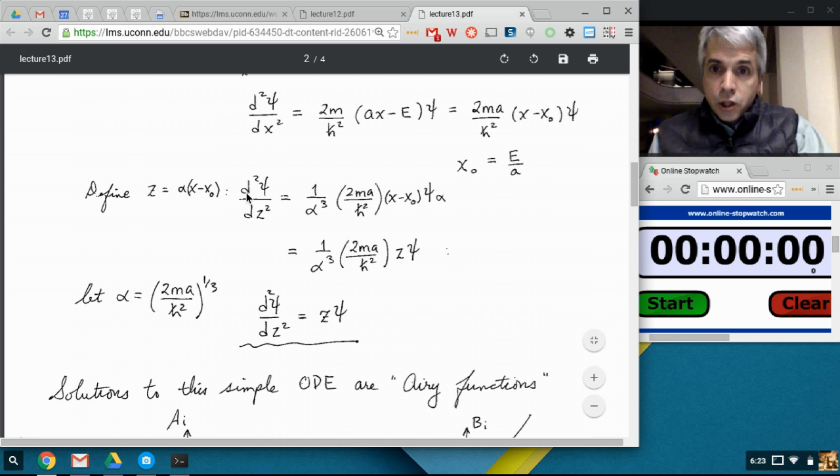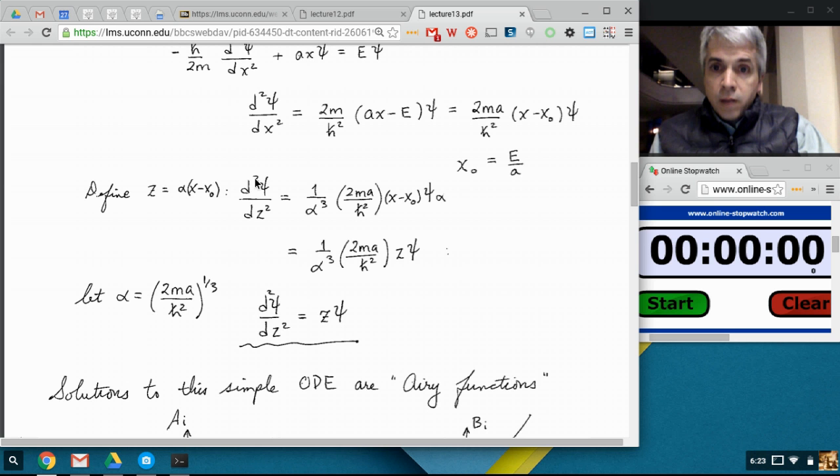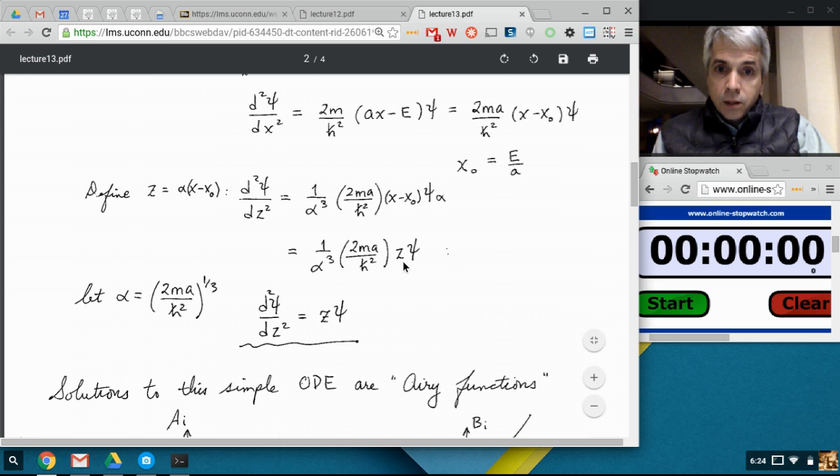That gives me 2 powers of alpha. I'll bring those 2 powers of alpha underneath over here. Then I'll also multiply and divide by alpha, so I have an alpha here, which is going to eat this x minus x naught and become z. And that gives me an overall alpha cubed. And here's the z. Now notice, I haven't said what alpha is. Let's make this alpha cubed just cancel this term.